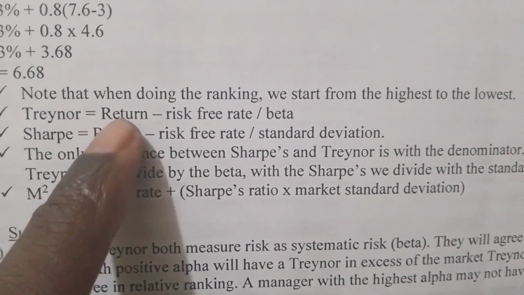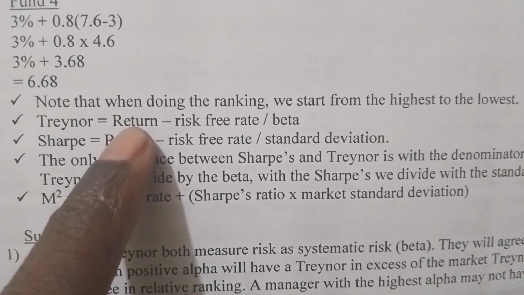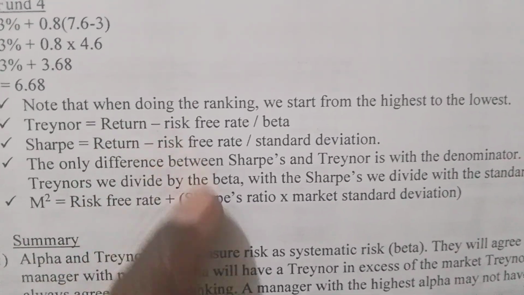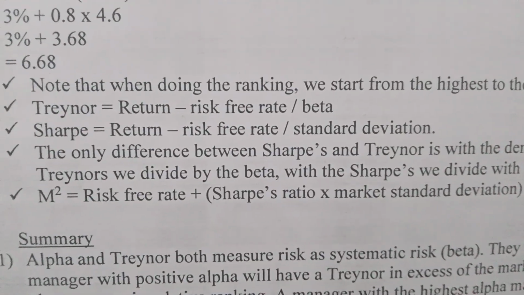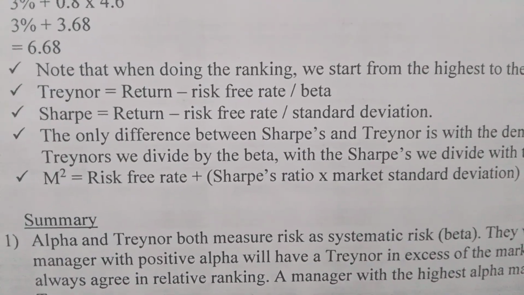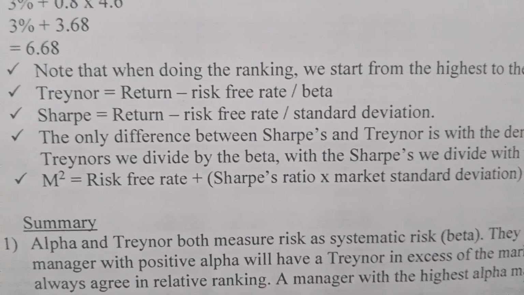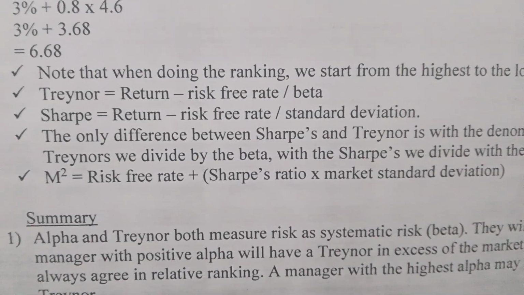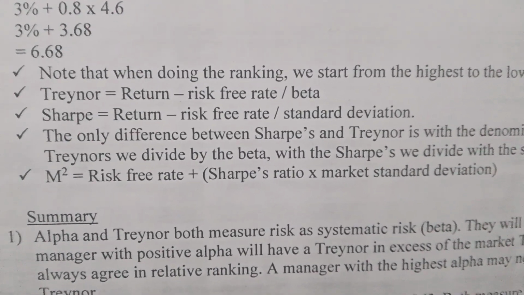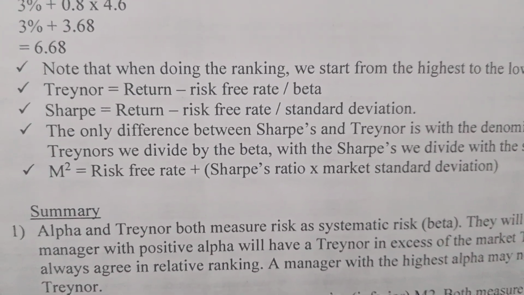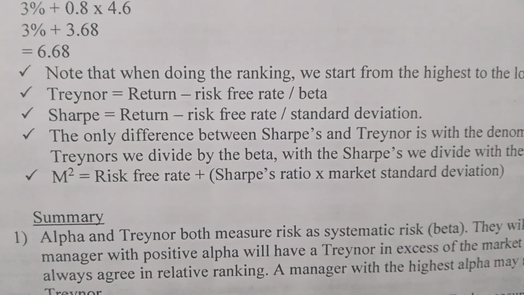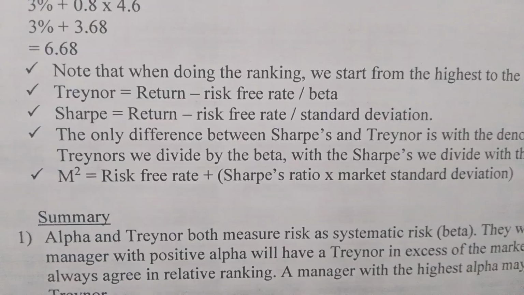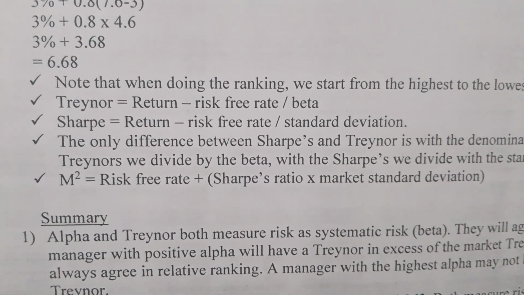So note here, with the Treynor's measure, you'll be taking the expected return minus the risk-free rate divided by the beta. For Sharpe's, you'll be taking expected return minus risk-free rate divided by standard deviation. See, the difference between Treynor and Sharpe's is only with the denominator.